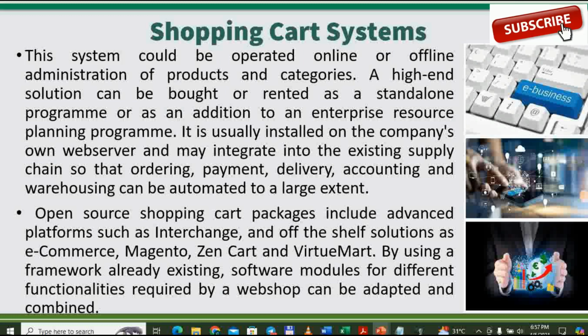It is usually installed on a company's own web server and may integrate into the existing supply chain so that ordering, paying, delivering, accounting, and warehousing can be automated to a large extent. Some of you must have seen the shopping cart system when you try to log into certain websites where they say, should we add this to your shopping cart? That is as if they are adding it to the list of items you will be paying for.